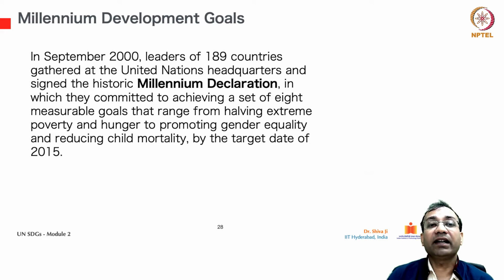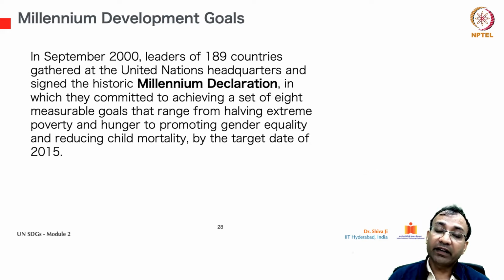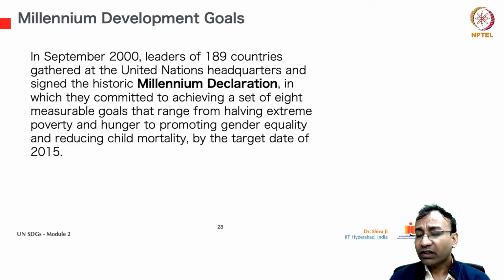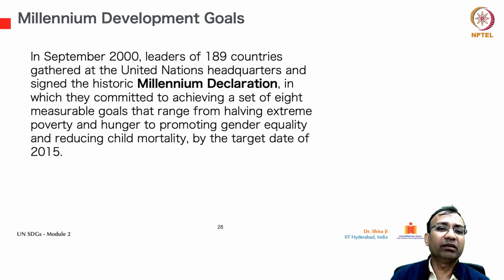To understand at which pace and rate the whole thing is evolving, and then even in the present one, what the missing things and lacunae are, and how we can plug them. So with that right attitude in mind, these MDGs were launched a long time back.